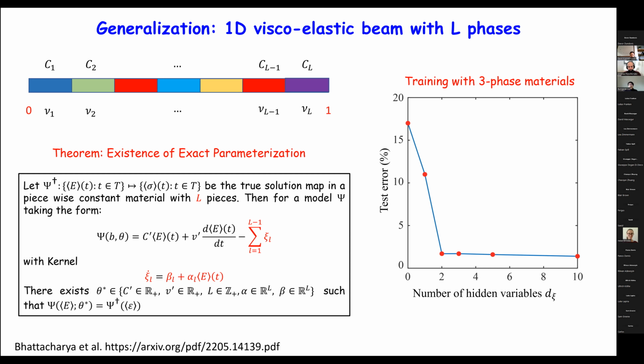What I'm showing you in the right figure is the test error of our RNO with respect to the number of initial hidden state variables we put in the architecture. You can see that if we don't put any state variables in our architecture at all, then our test error is huge. That means there's no hope that we can explain the data at all.